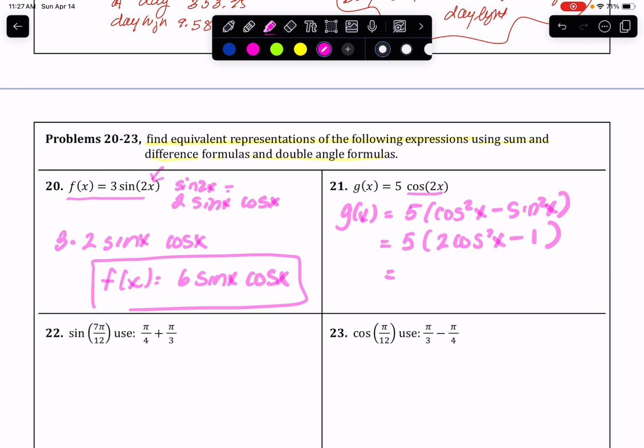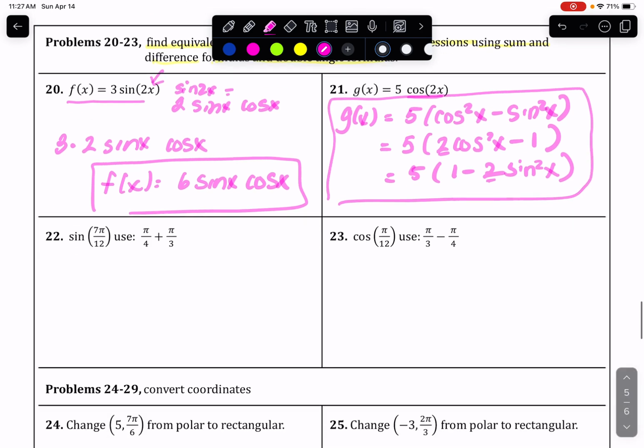And the last one is 5, and it's 1 minus 2 sine squared x. Let me redo that because there's not like a negative up there. Sine squared x. So don't forget these have 2's in them when you rewrite those. All right, so you could do any of those for that one.